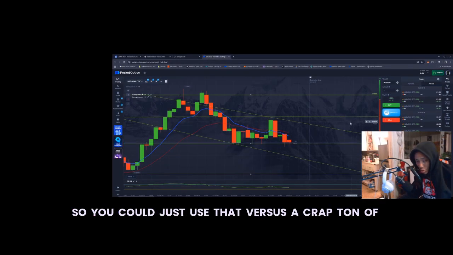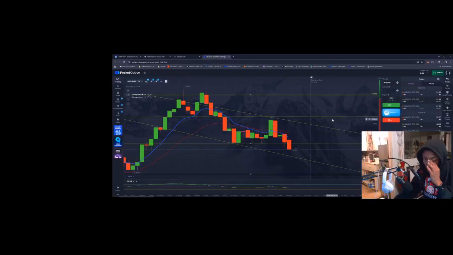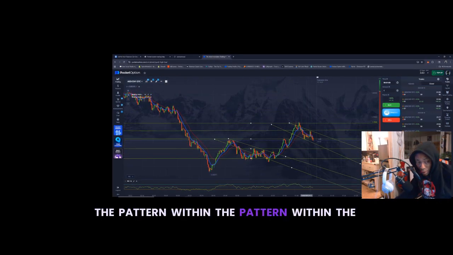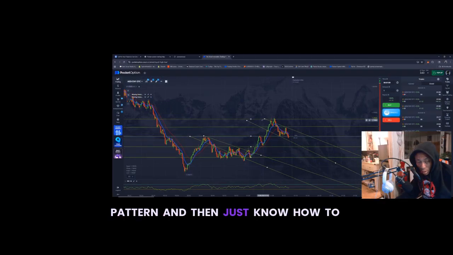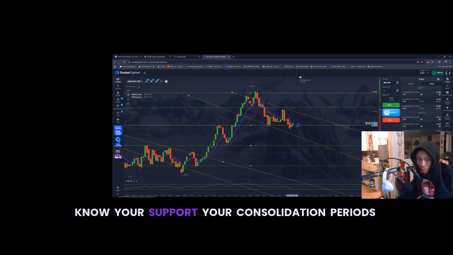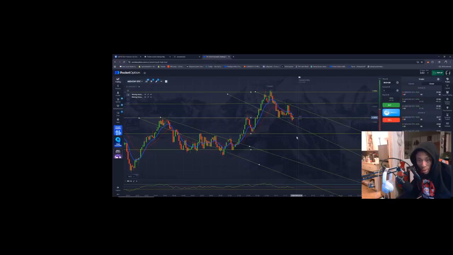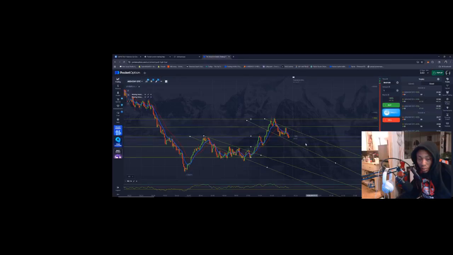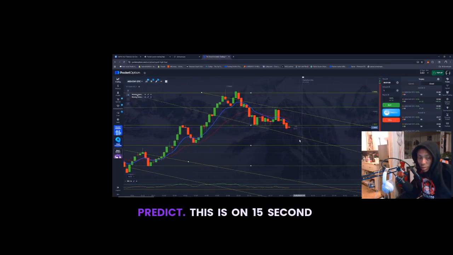So you could just use that versus relying on indicators. It's just looking for the pattern within the pattern within the pattern. And then just know how to time it, draw a grid, know your support, your consolidation periods. And it'll be a lot easier to predict.